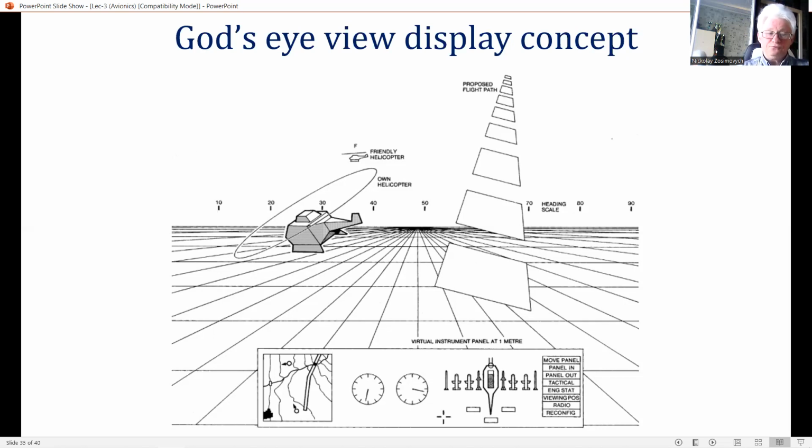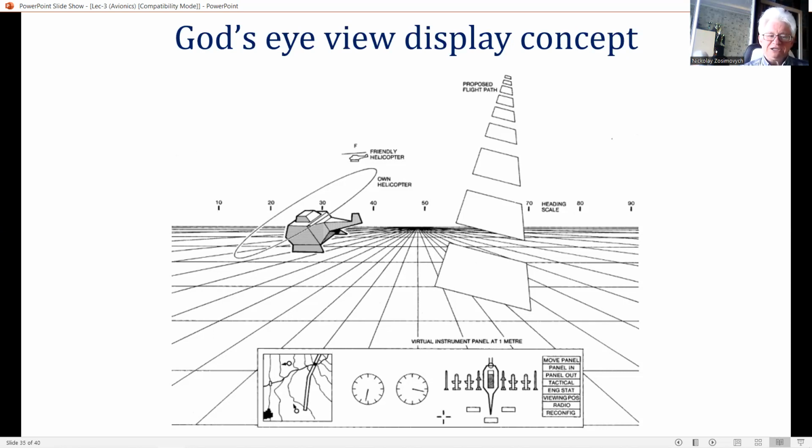A God's eye view can also be presented, for example, what the pilot would see if he was outside the aircraft and looking down from, say, 2,000 feet above and slightly behind this aircraft.